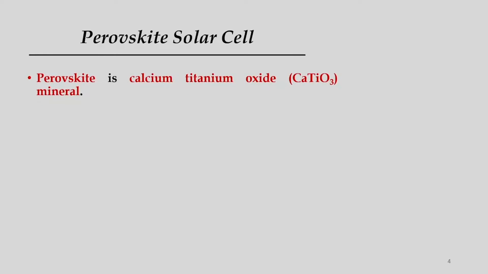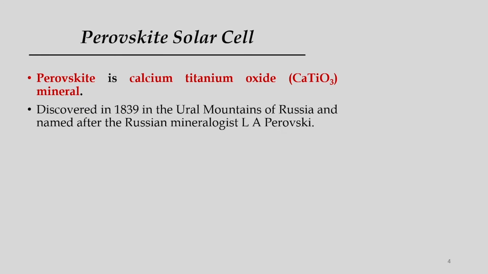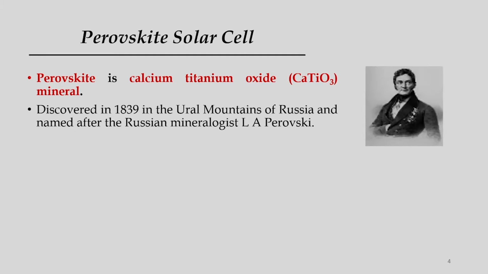Perovskite is the calcium titanium oxide mineral, CaTiO3, and it was discovered in 1839 in the Ural mountains of Russia and named after the Russian mineralogist L.A. Perovskite. So, he is here.